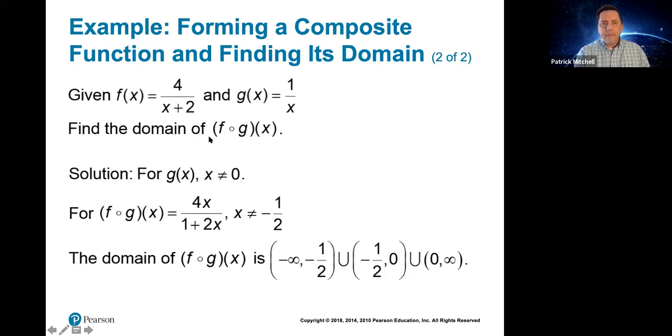And then we have to make sure, I might actually go to the tablet for this. I'm not crazy about the way they're explaining this. We have to make sure that g of x is in the domain of f. So yeah, let's go to the tablet. I think it might be a little difficult to follow.